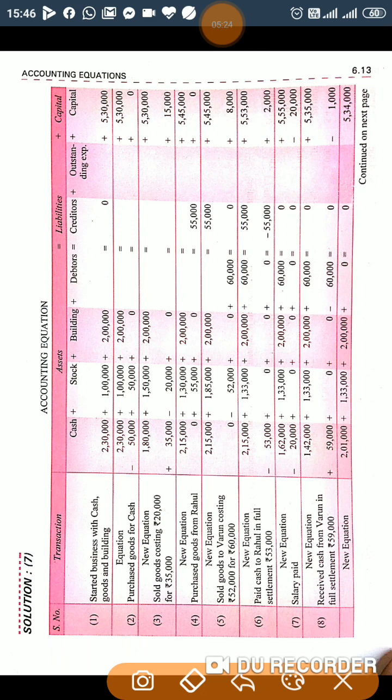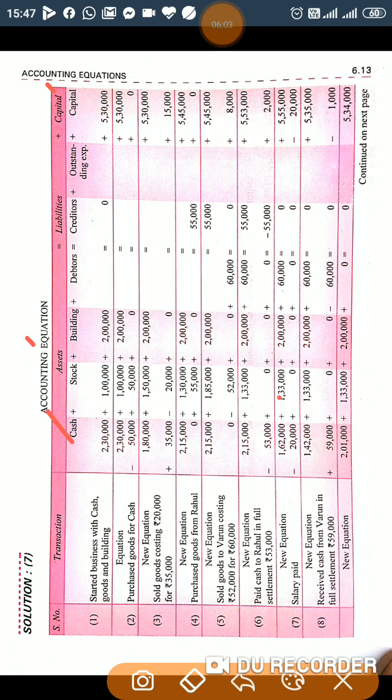Yesterday I told you profit will be added to the capital, loss will be deducted from the capital, expenses will be deducted from the capital, and income should be added to the capital. So in this transaction, stock, cash and profit are involved. Cash is increasing by 35,000. We will do it later. Cash, stock and capital are already written, so no need to add anything.